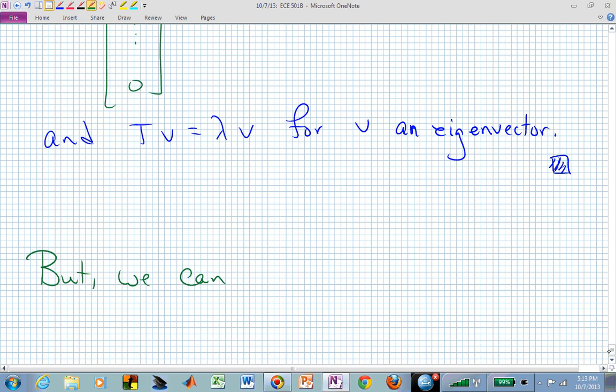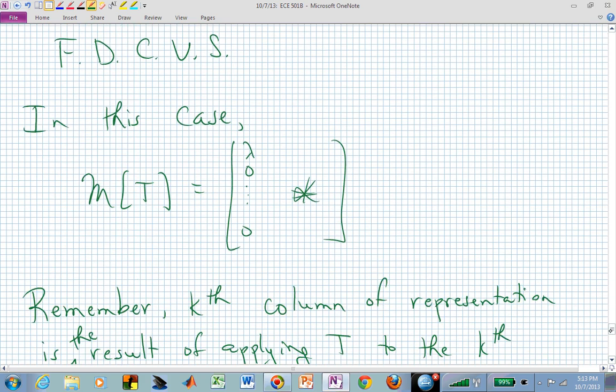So right now, all we've really found is a matrix representation where the first column is simple or nice, and now we want to extend that to where the pieces on the diagonal are these non-zero eigenvalues, and everything above it is kind of arbitrary, but everything below it is strictly zero.